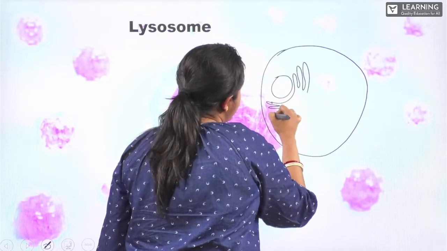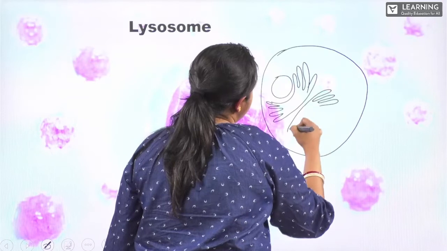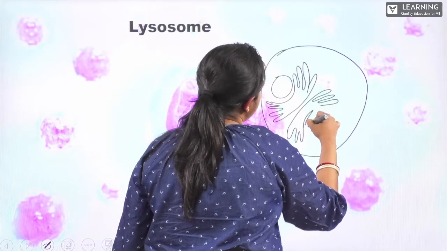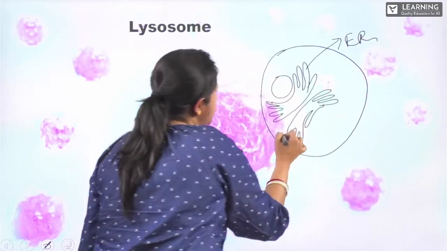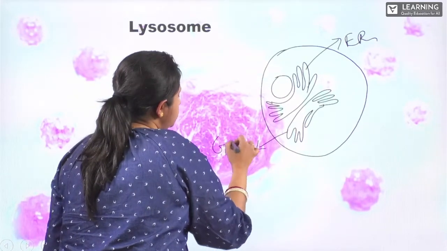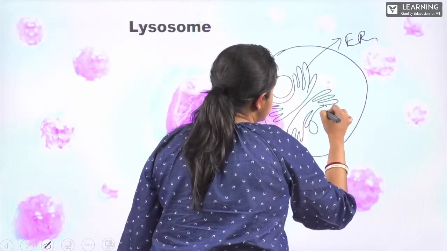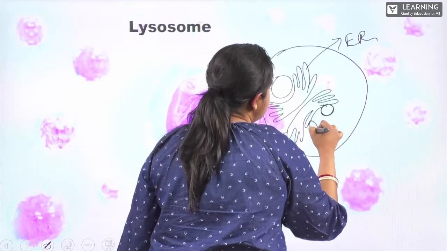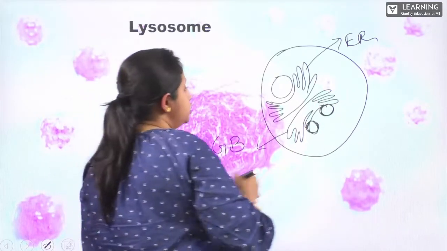This is the endoplasmic reticulum. Here is the Golgi body. So this is ER, and this is the Golgi body. Now these Golgi bodies are secreting the proteins, isn't it? These are secreting the proteins or the vesicles, right, with the help of these vesicles.